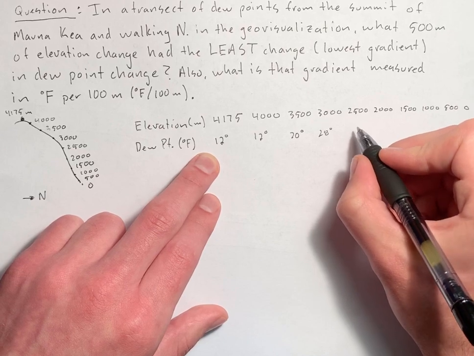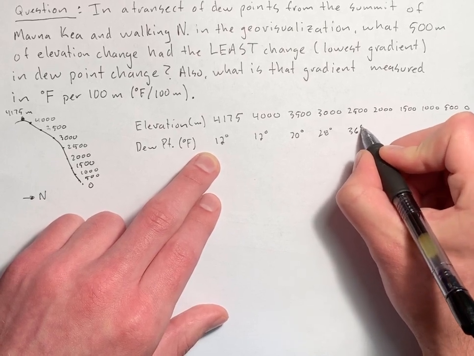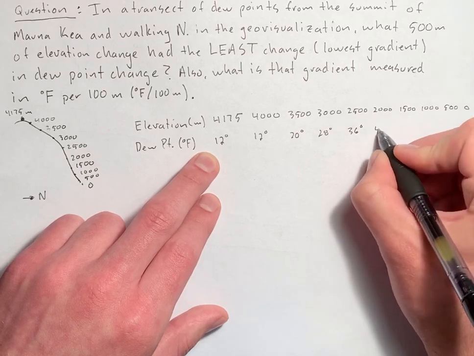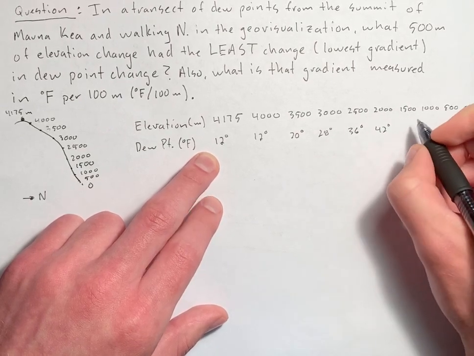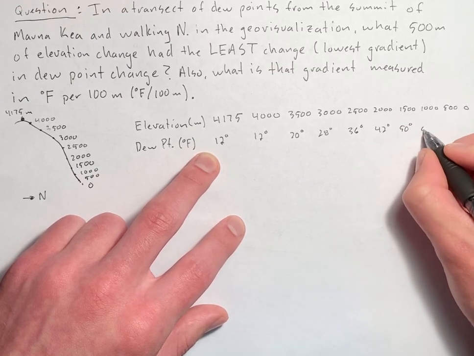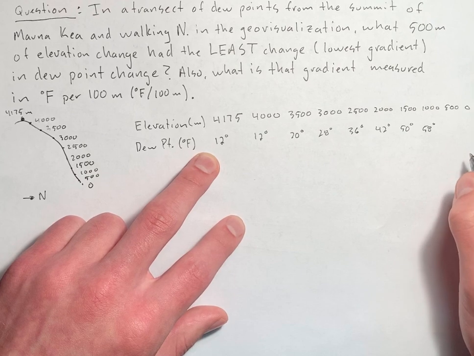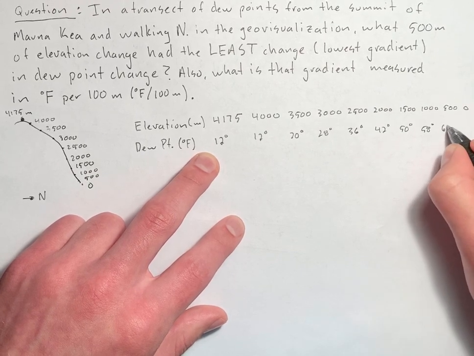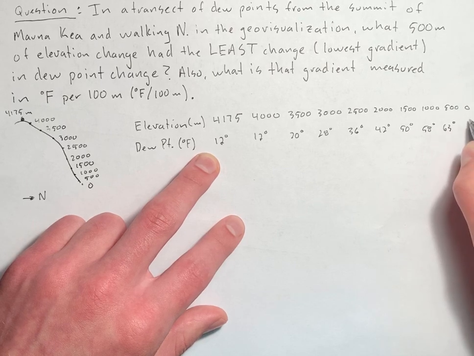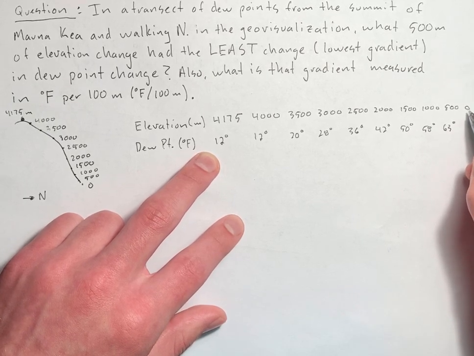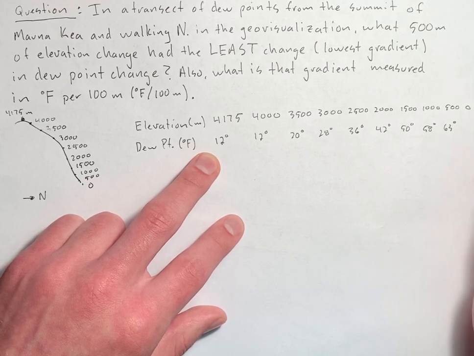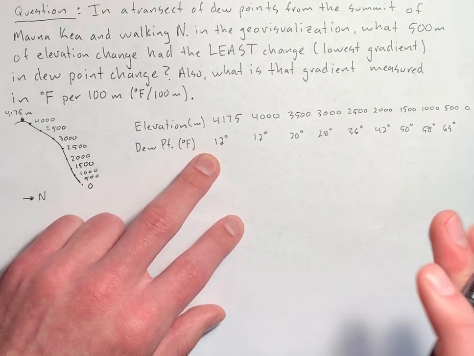So at 2,500, it's 36 degrees. At 2,000, it's 42 degrees. 1,500 is 50 degrees. 1,000 is 58 degrees. 500 is 63 degrees, and 0, you can't actually get to 0 because it's in the ocean, but the closest elevation is at 35 meters, but just pretend that that's 0 and it's going to work out just fine.